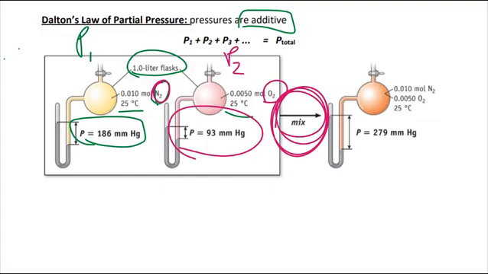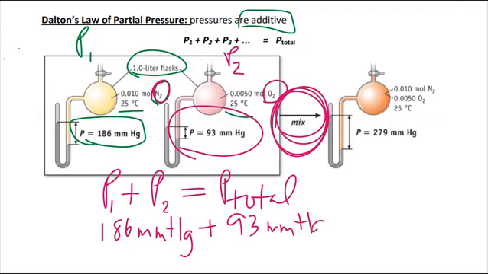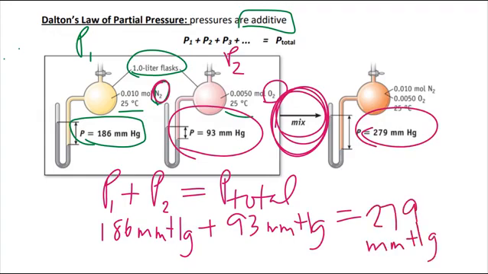So Dalton's law of partial pressure tells us that I can simply take my pressure 1 and add it to my pressure 2 to get my total pressure. So 186 millimeters of mercury plus 93 millimeters of mercury gives 279 millimeters of mercury.